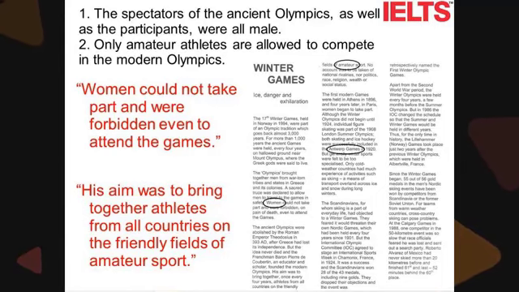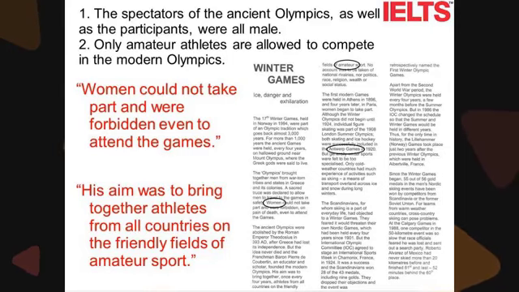So it would say only amateur athletes, not other types of athletes. If the answer was false, I would expect to see something directly saying that other types of athletes are allowed to take part as well. So maybe amateur and professional athletes. So it would definitely talk about 2 types of athletes being allowed to take part.